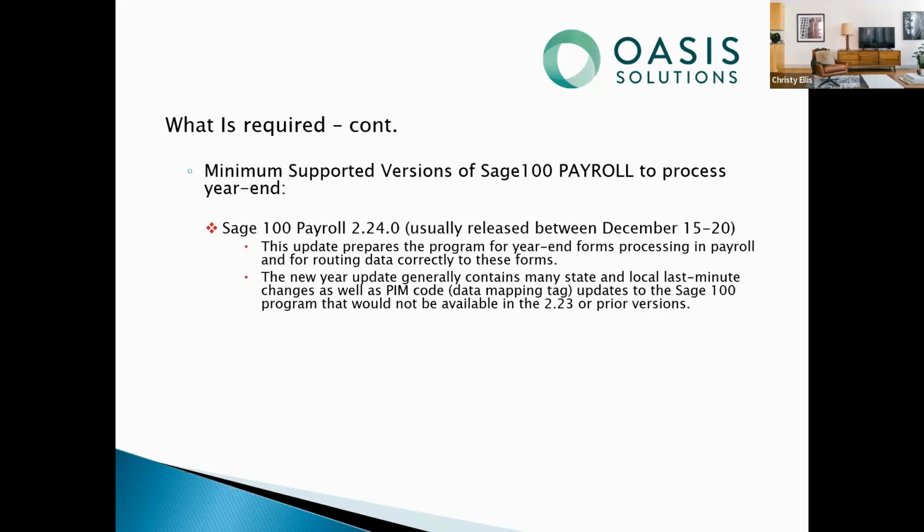These things would not be included in versions 2.23 and prior. So definitely stay up to date on your payroll to make sure that everything is mapped accordingly and that your payroll processes as it should, to be in compliance with new standards for the new year.